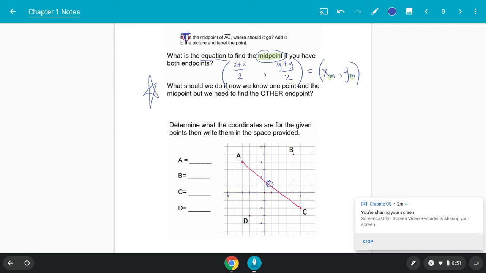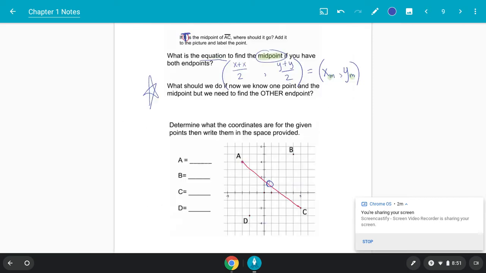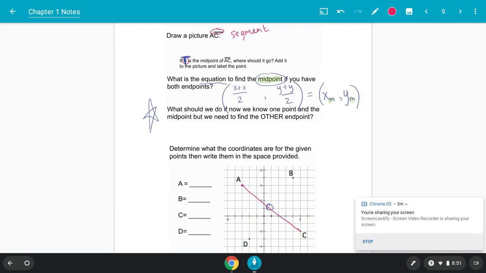I'm going to put the formula right here. So when you have to do this, basically what you're doing in this case is you are being given one endpoint, and then you're being given the middle or the midpoint. And then you need to figure out what this is.